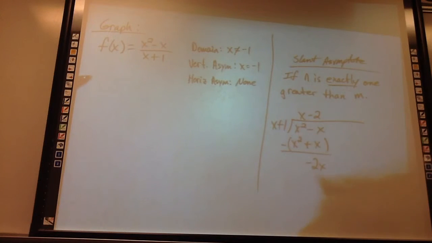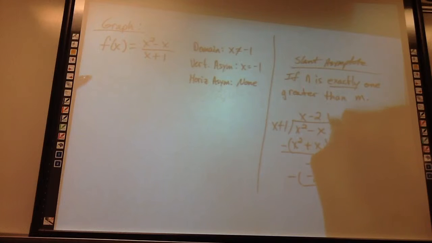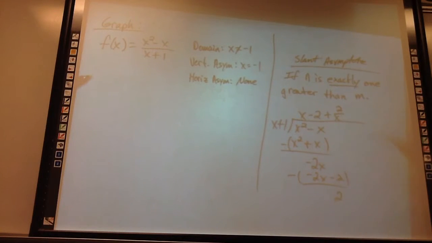Negative 2 times that is negative 2X minus 2. Subtract, and there's your remainder.